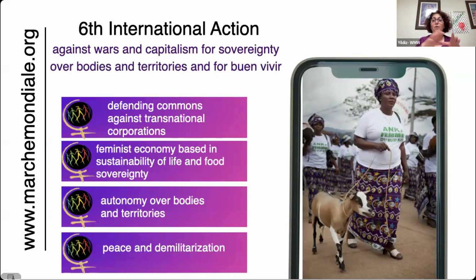So we have 4 main themes that we learned from our previous international actions. First one is defending commons against transnational corporations. So our sister from Bangladesh spoke here, and April 24 is the day Rana Plaza collapsed in Bangladesh.